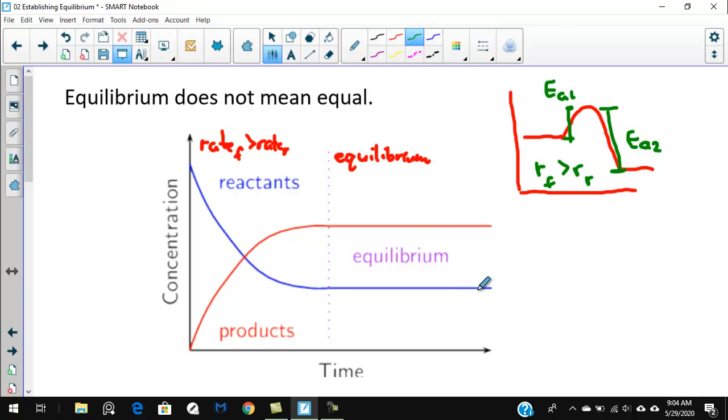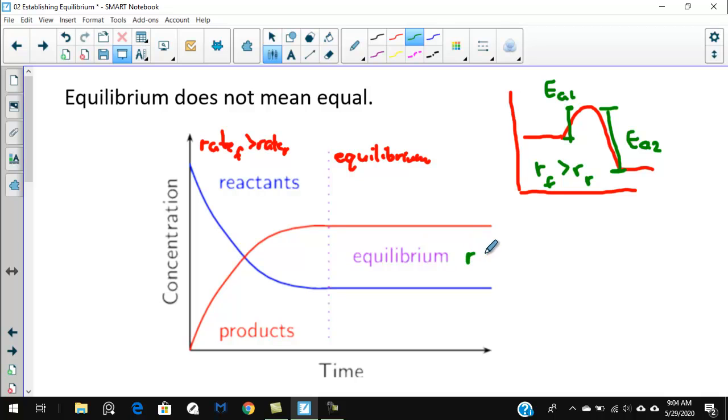We have a lot less reactants. And that difference is because of this EA difference. The forward reaction has a lower EA than the reverse reaction. Okay? So it takes a bigger change in concentration of products in order to be able to match.